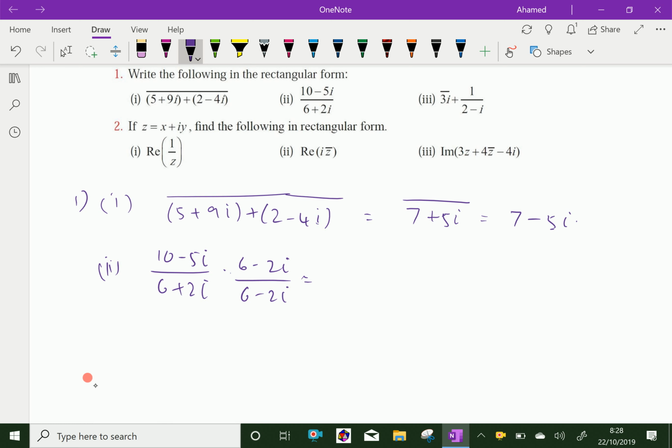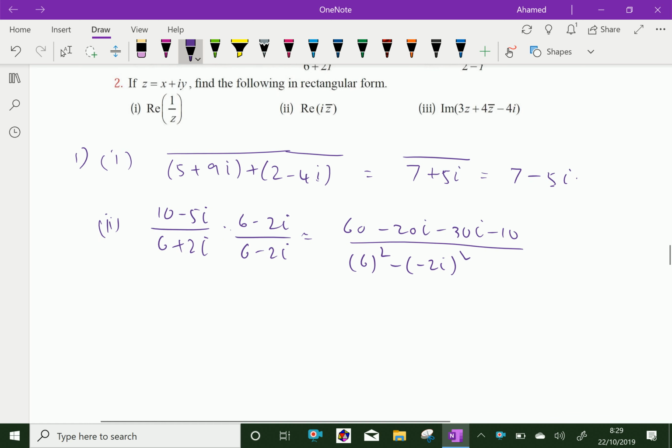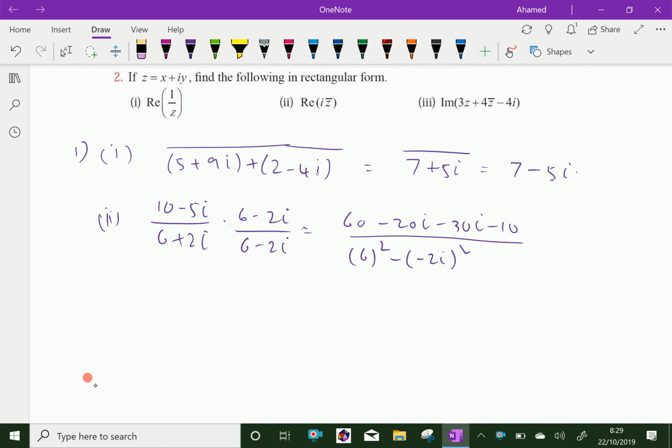Then multiply it out: 10 into 6 is 60 minus 20i minus 30i, minus 5 into minus 2 is 10, 10i square, that is minus 10, over 6 square minus 2i square.